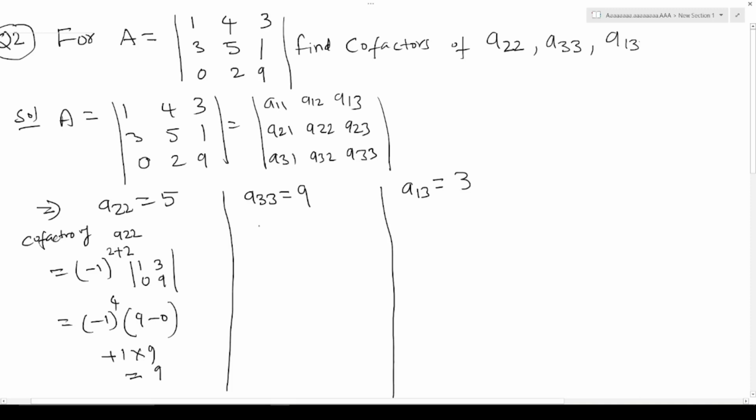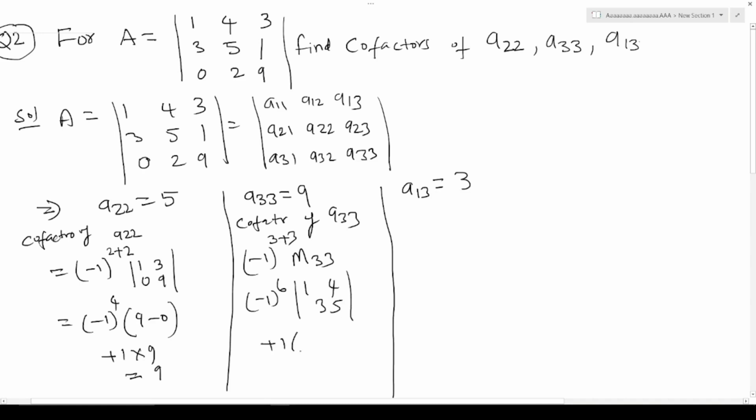And we have to find the cofactor of A33. Cofactor of A33 is minus 1 raised to 3 plus 3, that is minus 1 raised to 6, times the minor, which is 1 4, 3 5, so plus 1 into (5 minus 12) equals minus 7.